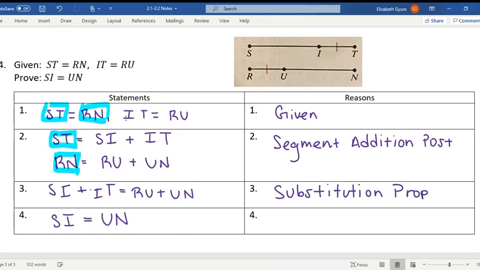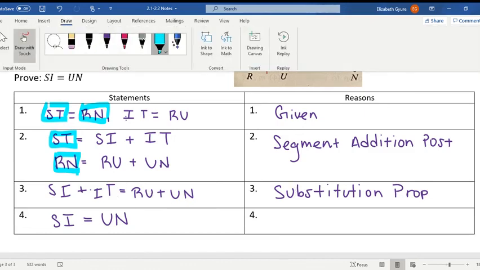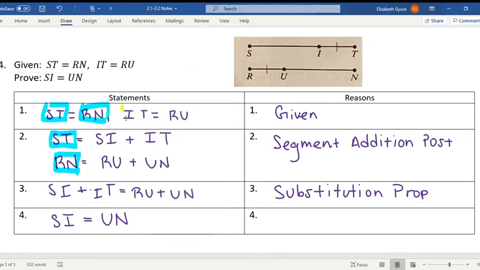Okay. So now we're almost there. We have the measure of SI on the left. We have the measure of UN on the right. But how are we going to show that just these two parts are equal? Well, we've got to figure out a way to get rid of the measure of IT and the measure of RU. Well, again, in your given, we were told that those are equivalent.